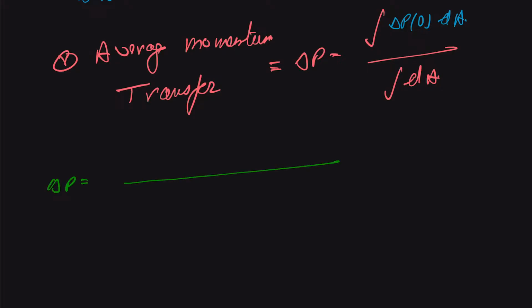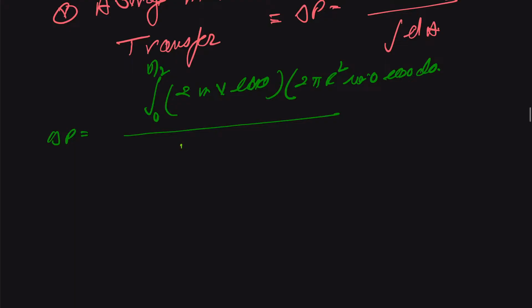We simply substitute these two expressions and we get delta P equal to the integration from 0 to pi by 2 of 2 mv cos theta times dA, which is 2 pi r square sine theta cos theta d theta, divided by the integration from 0 to pi by 2 of dA, which is 2 pi r square sine theta cos theta d theta.